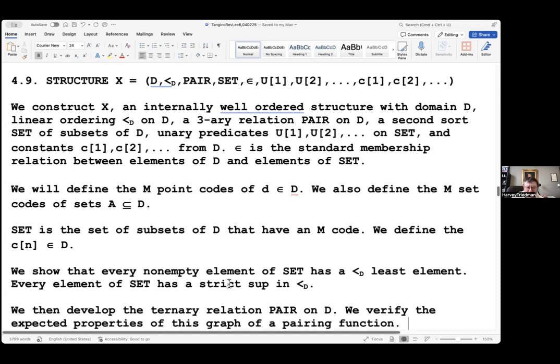The whole point is that this is supposed to be something definable in the structure capital M. So we have to define the endpoint codes of D and capital D, and we have to define the M set codes of subsets of D. I haven't defined D yet, have I?